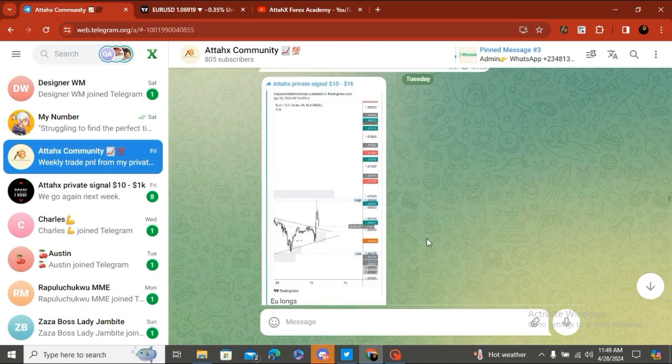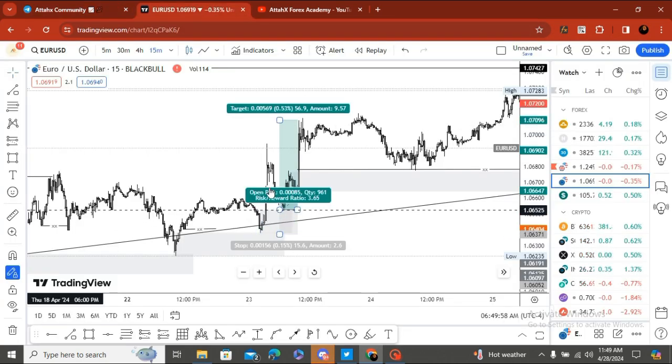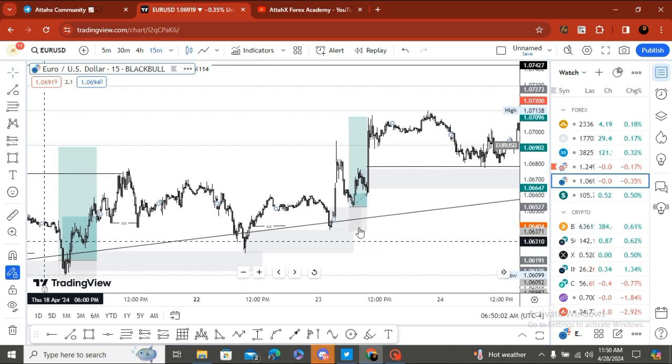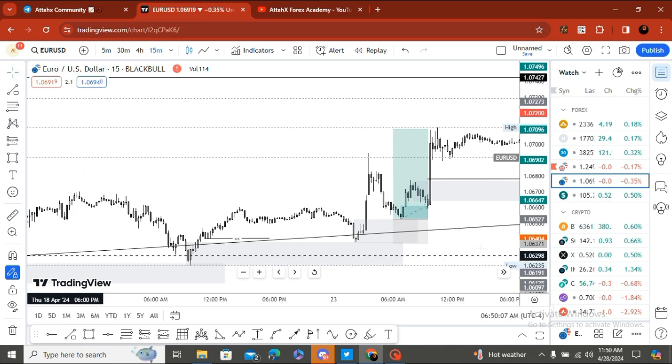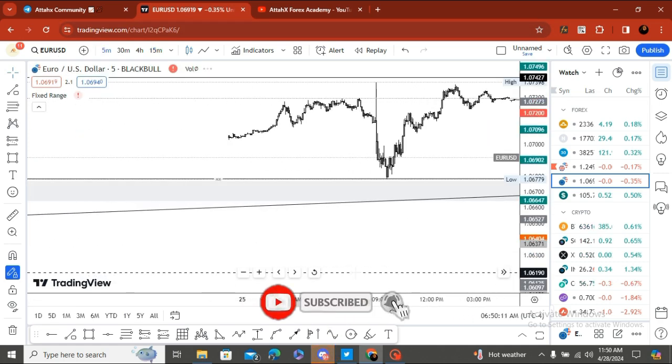Okay, this was when I sent out AU longs, and then this was it on the chart. So as you can see, price mitigated our POI. And we go down to the lower time frame to see what happened.